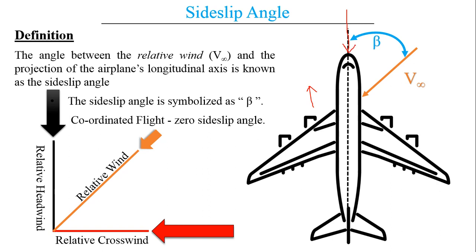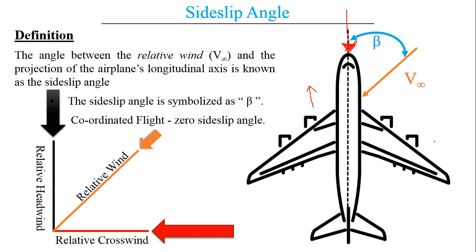Here we can see this wind is acting in the opposite direction to the flight path. It is similar to the wind which we experience while riding a bike. So it's okay in this condition.